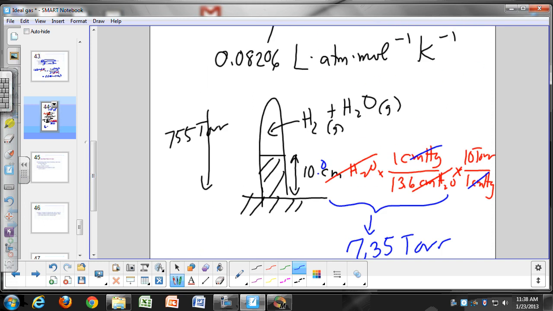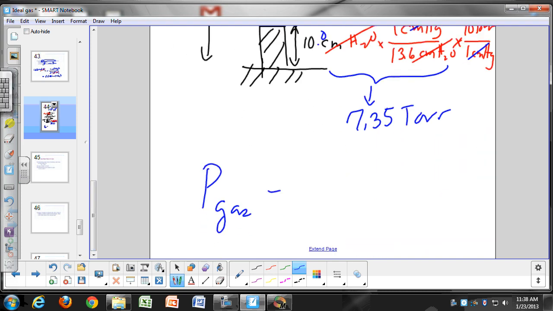Do I subtract that from 755 or do I add it to 755? I can see that my air is pushing on the water harder than the gas is, right? So that means the pressure of my gas is less than my barometric pressure. So my pressure of my gas is 755 torr minus 7.35 torr.